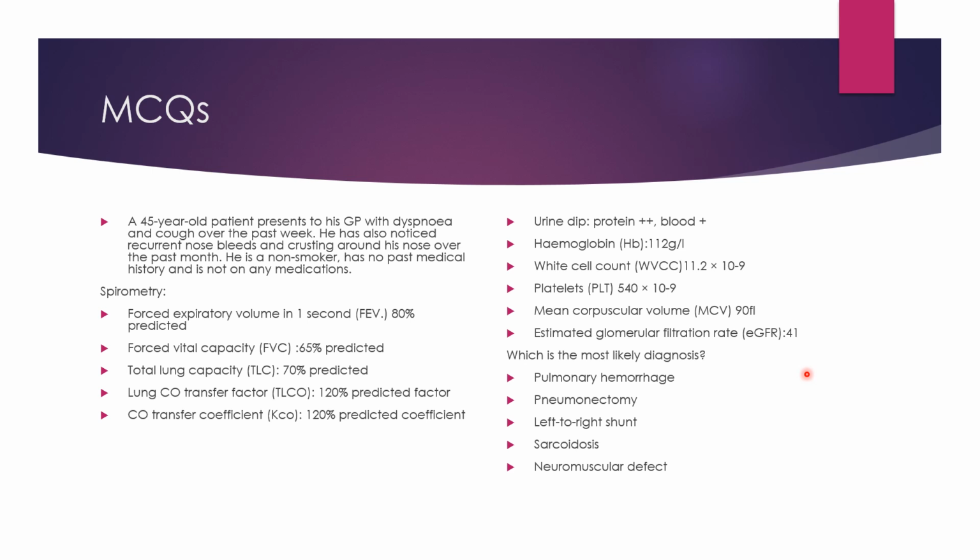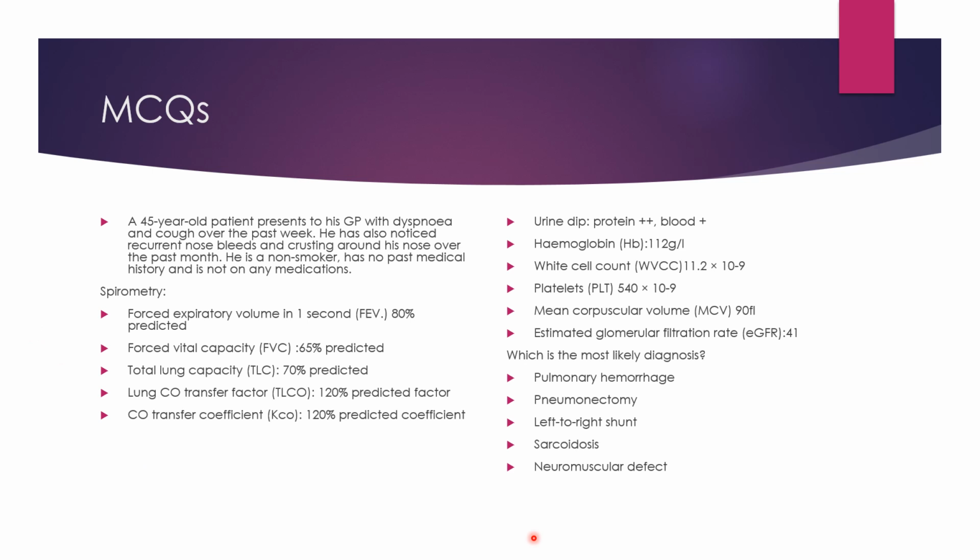So how do you rule out the other options? One is neuromuscular defect, where the neuromuscular defect can cause a restrictive lung disease, but the KCO will be increased. So, sorry, the KCO will be decreased.